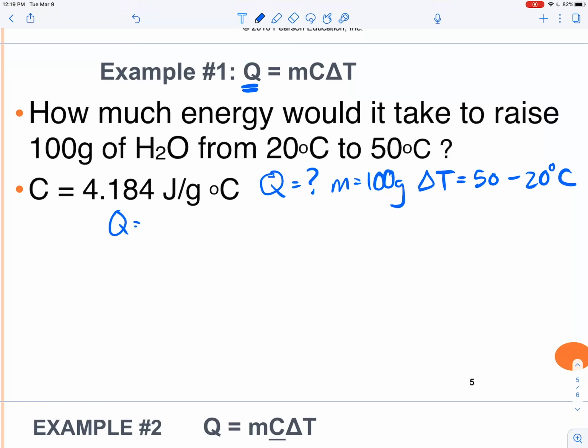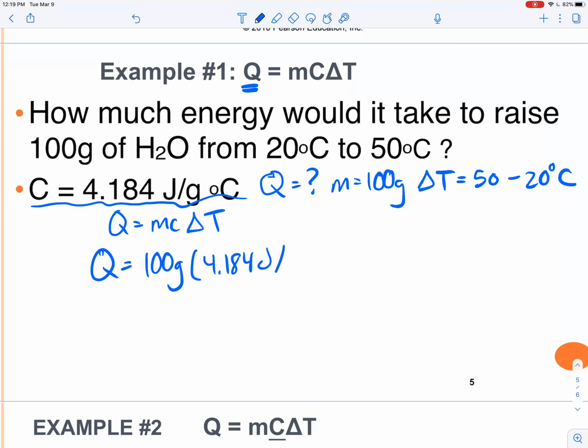Okay, so now we can plug all of that into our equation here. Q equals mc delta T. And so I'm going to solve for Q here. I've got 100 grams. The specific heat of water is given. It's always going to be given to you if you need to use it. 4.184 joules per gram Celsius, that's c, and then change in temperature, 50 minus 20 gives me 30 degrees.